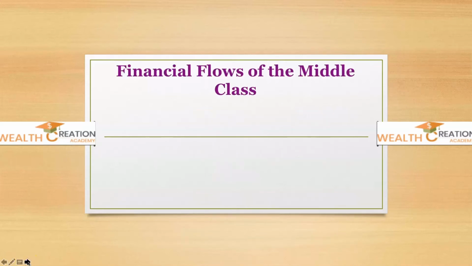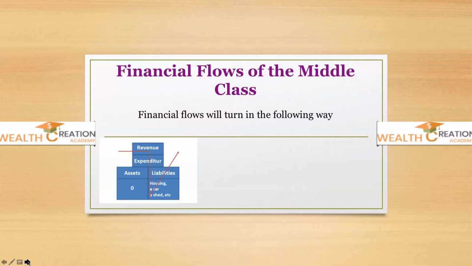This flow works in the following way. This is what you have. The middle class think they have made it. This is the financial flow I was in when I was still in my job, where I was getting over 50k a year, and I thought I had made it.